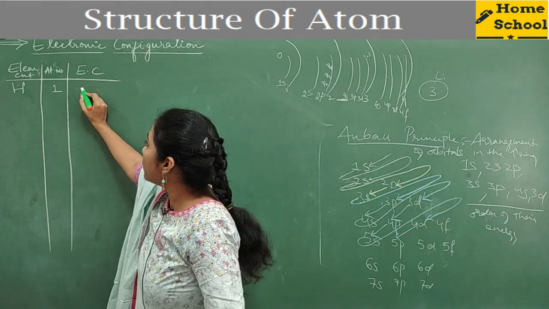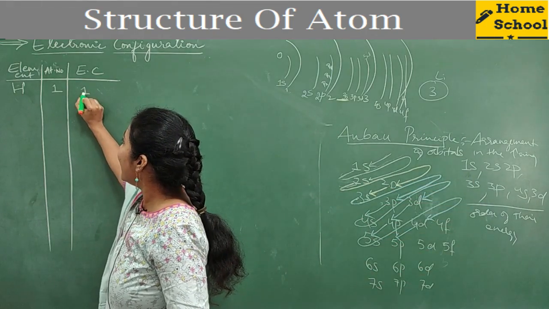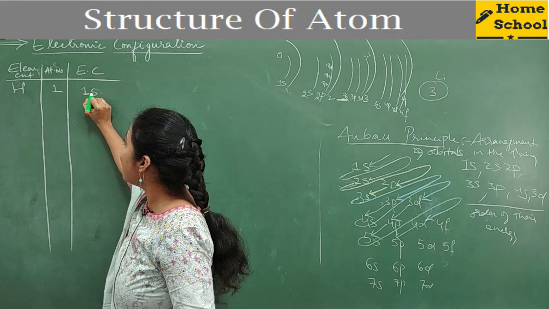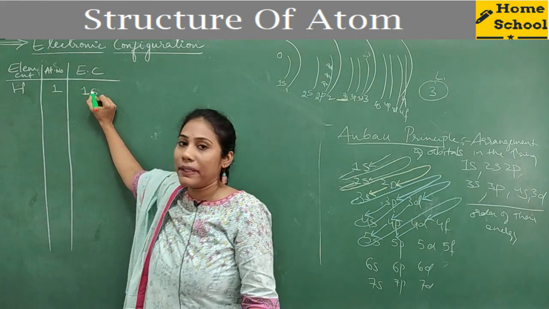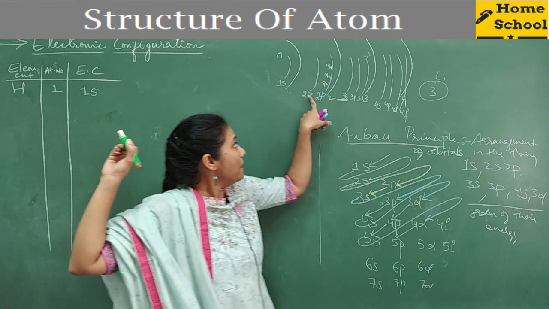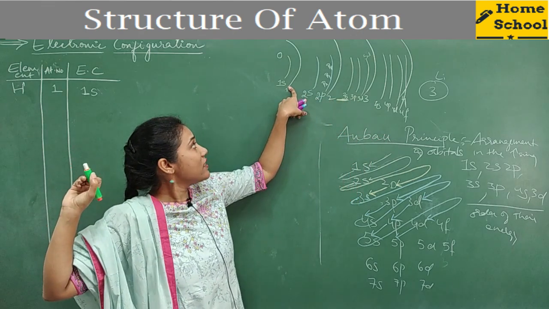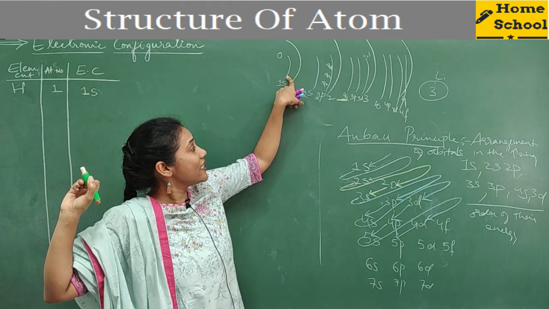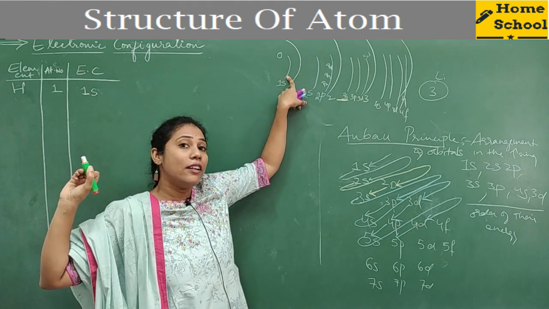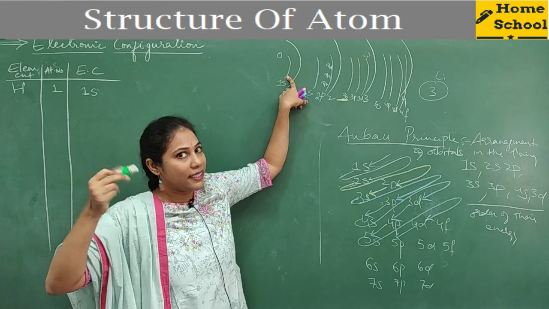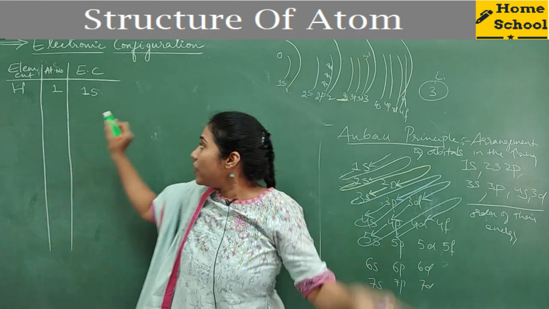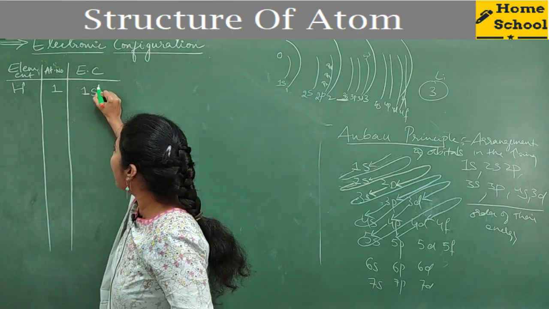So what electronic configuration do we have to write? You are telling people that the first electron is there in the 1s orbital, first main shell. First electron is always there in the first main shell. Under that what is the subshell? 1s. And 1s has only 1 orbital, that is the 1s orbital only, right? So in that 1s orbital there is 1 electron.